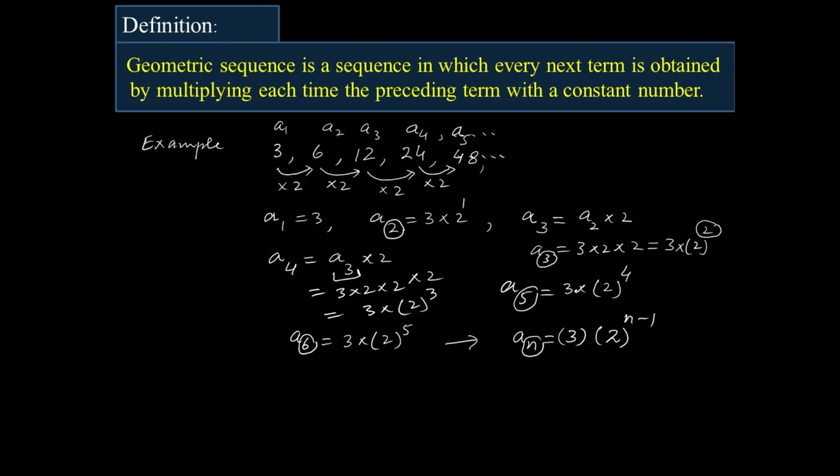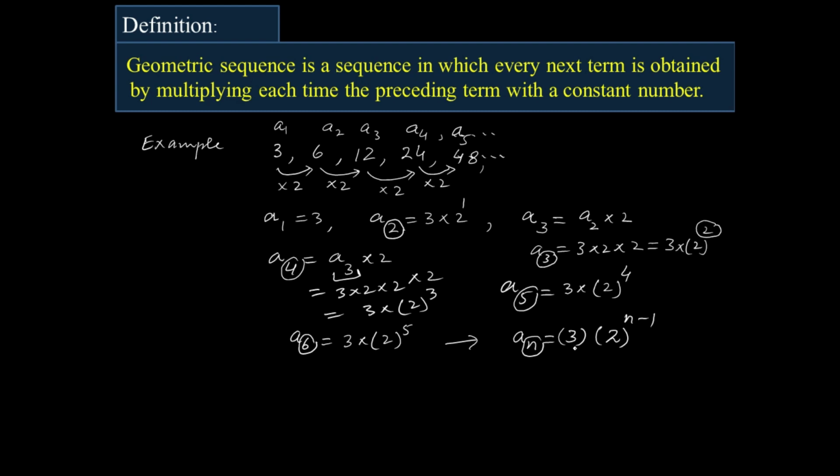Once again, if the term is third, the power of 2 will be 2, 1 less than the term number. If the term is fourth, the power of 2 will be 3, 1 less than 4. If the term is 6, then the power of 2 is 5. If the term is n, the power of 2 is n minus 1.